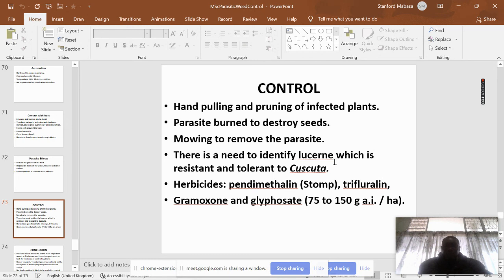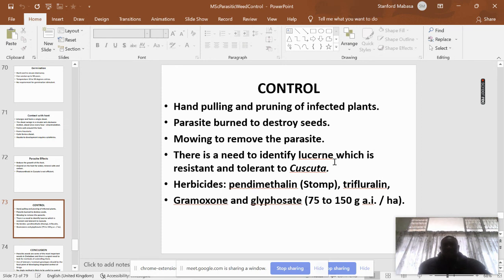Or you could come in with a risky herbicide application where you can use Gramoxone and glyphosate, which can potentially kill your host, but try to use dilute herbicides, hoping that if you kill the parasite, there's a chance that your host will recover.